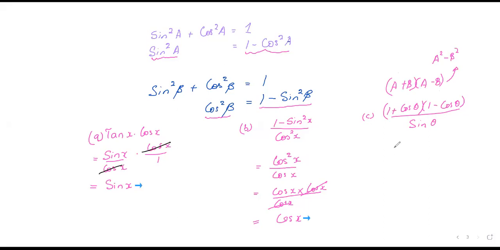So this one is going to be 1 squared minus cos squared theta over the sine of theta. 1 minus cos squared is something we've seen somewhere. 1 minus cos squared is the same as sine squared.